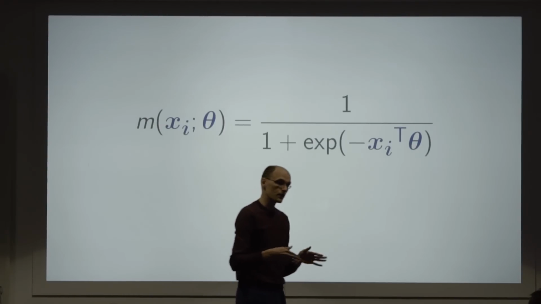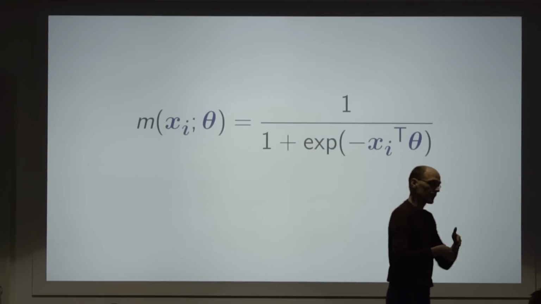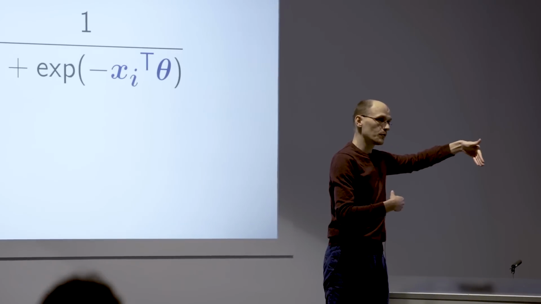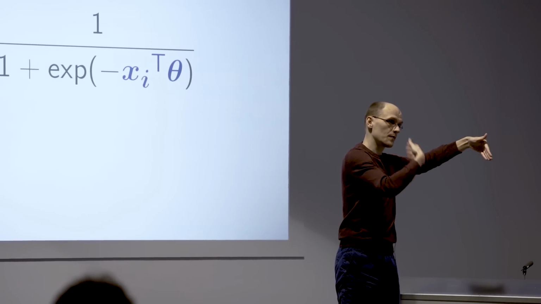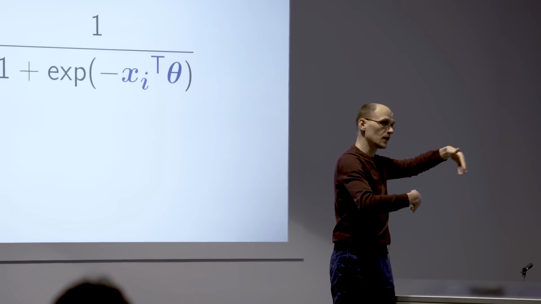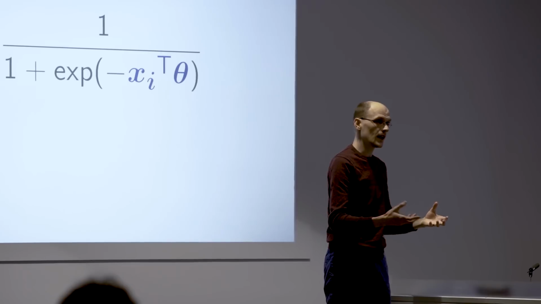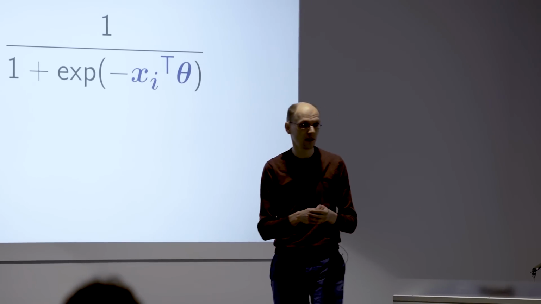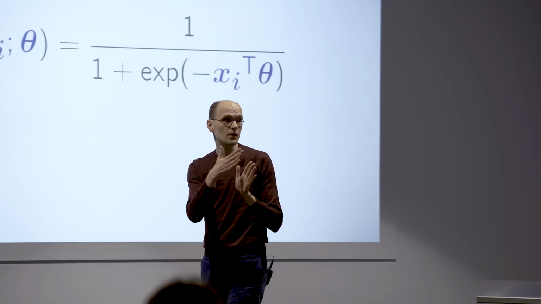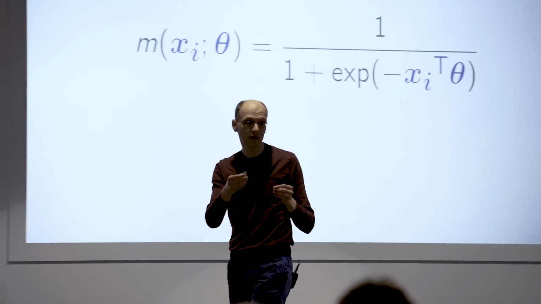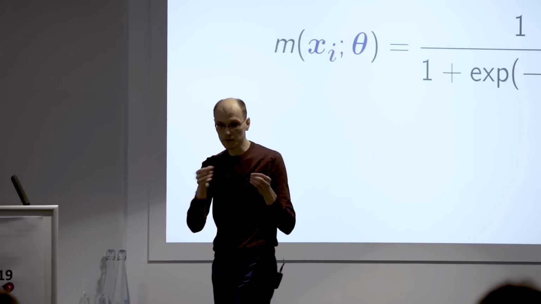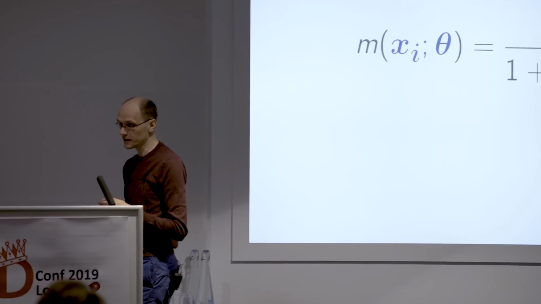What you can expect is that the farther away the point is from the separating hyperplane, the more certain you are that this is an apple. Because if it is very close to the hyperplane, then you don't know, maybe it is just by accident on the wrong side.